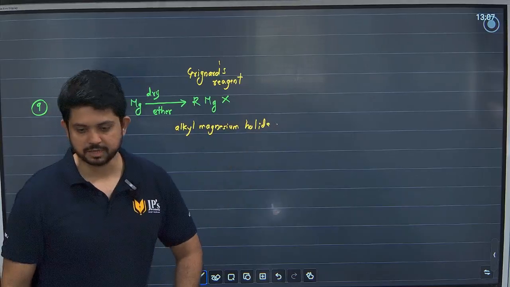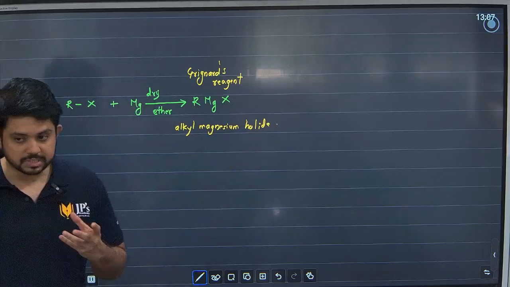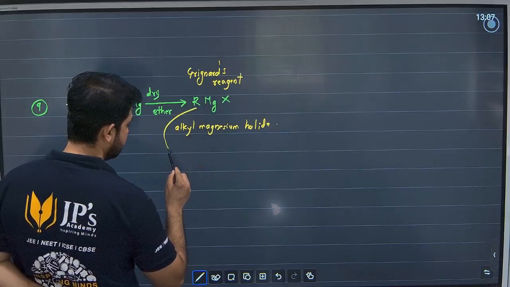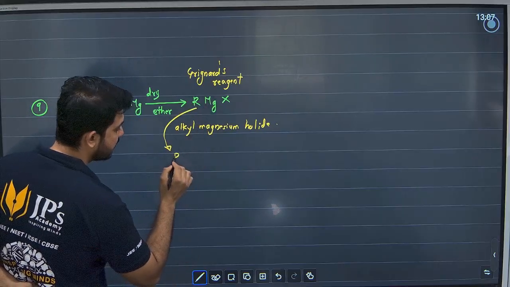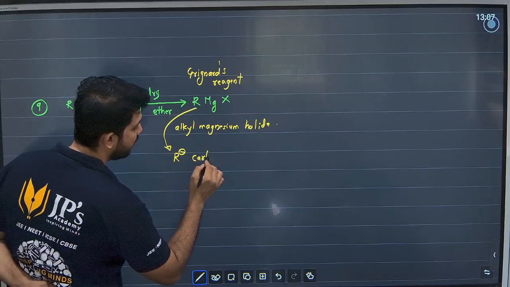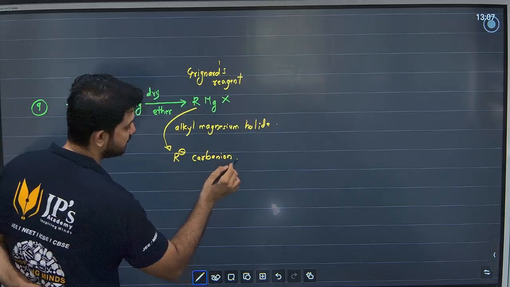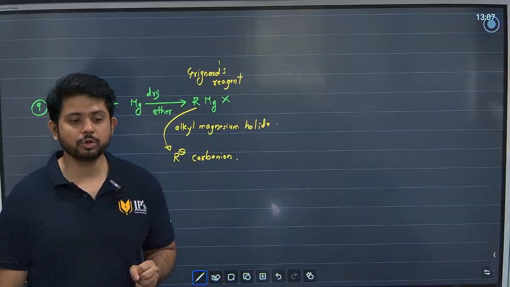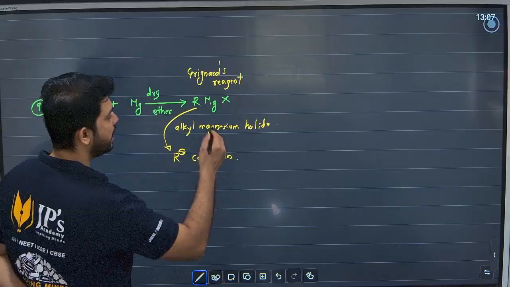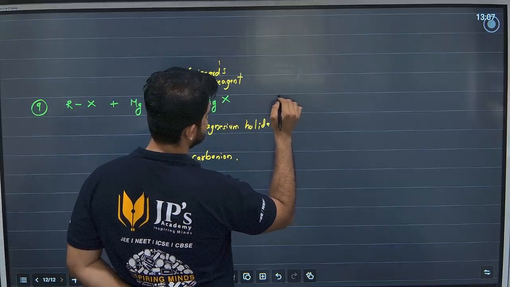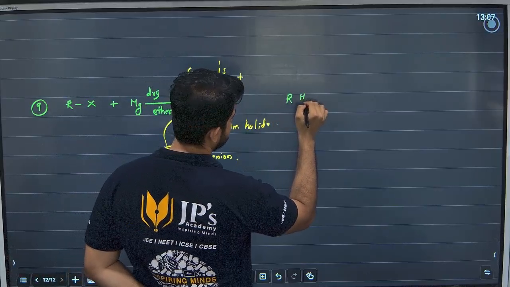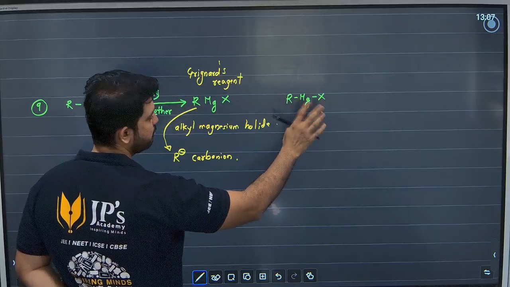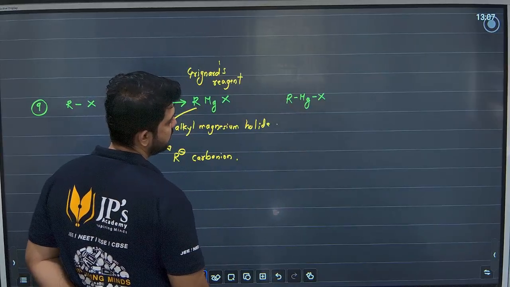In just last 2 minutes. In Grignard's reagent, what is the nature of R? Excellent. R is a carbanion. जहां से भी चांस मिलेगा, it will extract a proton. So if you have RMgX, ठीक है, फिलहाल ऐसे बना रहा हूं, but it is R minus and MgX plus.